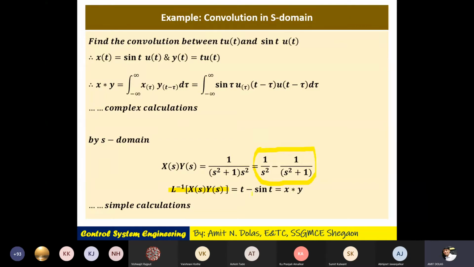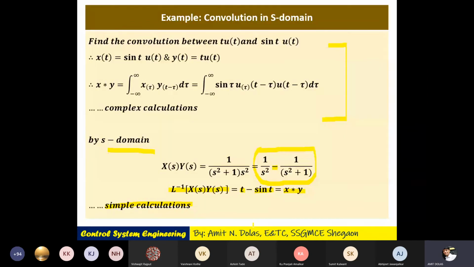So 1 by s square will be t, minus sine as it is, and 1 by s square plus 1 is nothing but sine t, because 1 by s square plus 1 is omega upon s square plus omega square, so 1 is nothing but omega. That is the convolution in time domain. So you can see the huge calculation we omitted by simply converting the time domain signal into the S domain and making the product of two signals, which gives the convolution in the time domain.